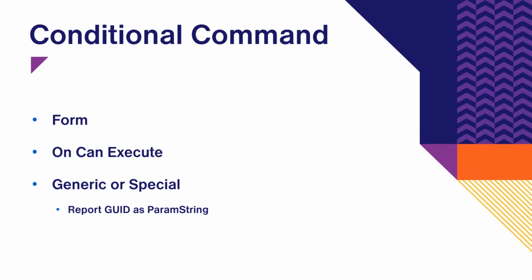If you are using the generic one, you only need to use the run mobile report name. If you want to hide or show the special run mobile report for a specific report, you need to add the GUID of the report record as an additional condition in a parent string. We will get to that later, of course.